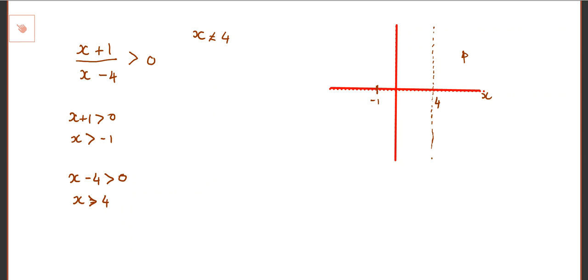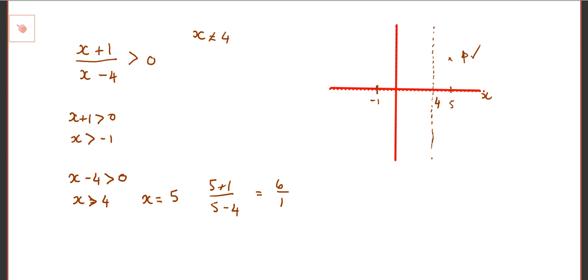So let's just do a check with what happens if I put x equals 5 into the whole thing. What do I get? So we can do 5 plus 1 divided by 5 minus 4, and I get, that's the y value for when x is 5. So that confirms that this is correct, yeah?